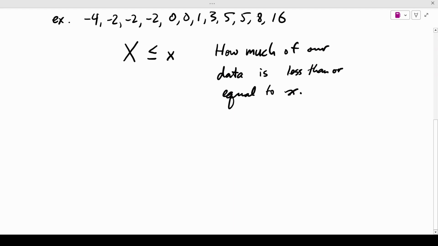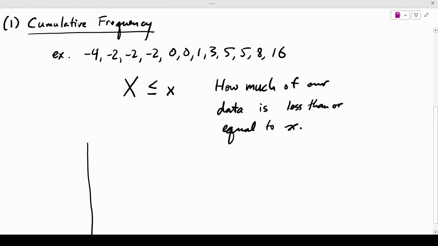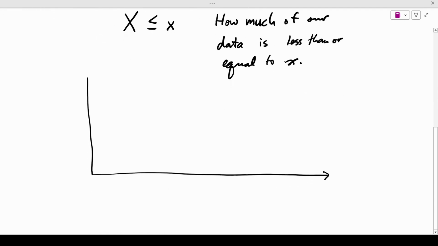and we would create something like this. Along the x-axis, we're going to have the possible values of our data, okay? So -4 is the min, so -4, maybe I'll put it here, and then -3, -2, -1, 0, 2, 4, 6, 8, 10, 12.